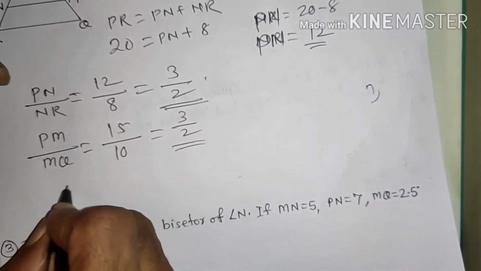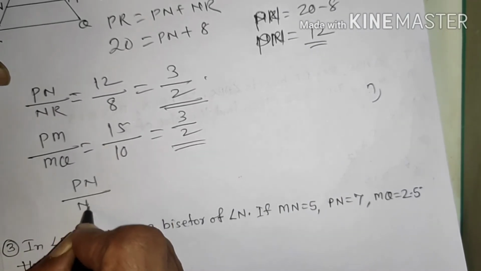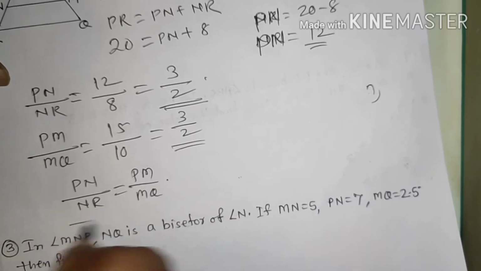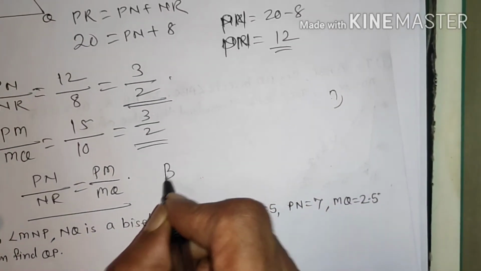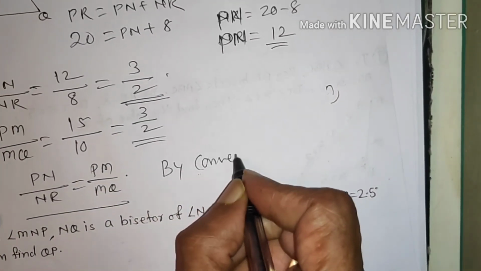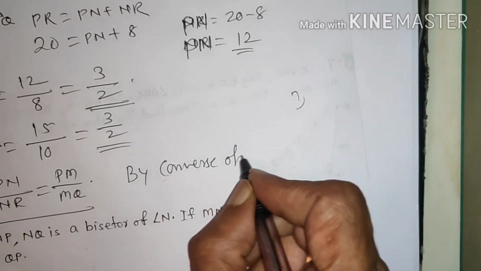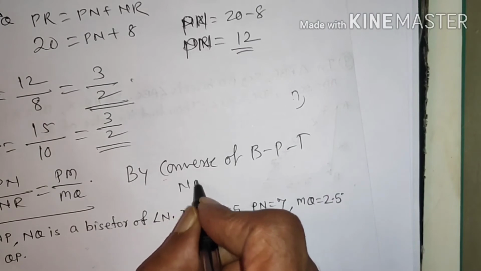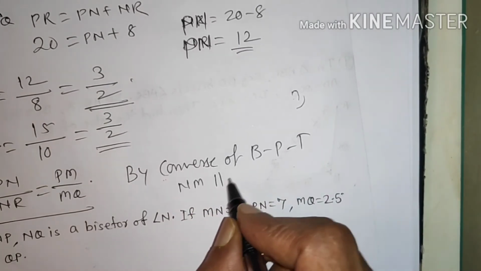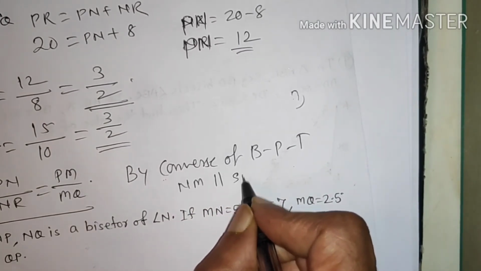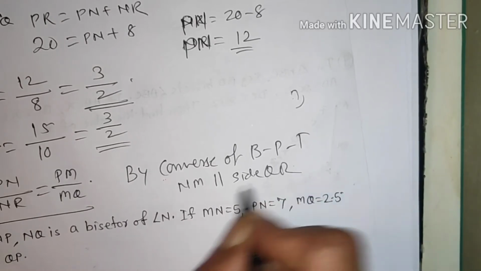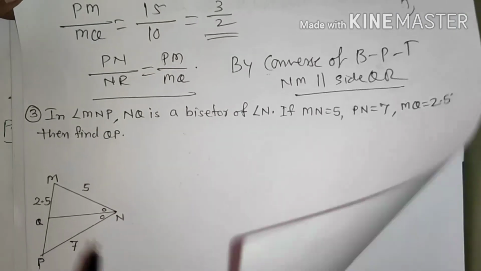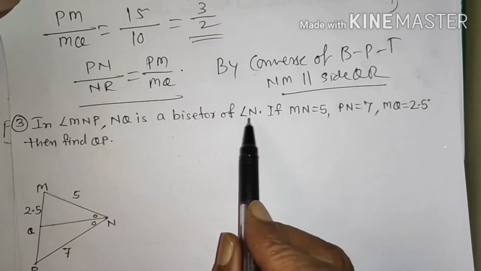Both are same, that is PN upon NR is equal to PM upon MQ. Then by converse of BPT, line NM is parallel to side QR. Understand?